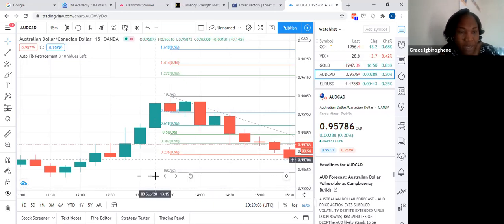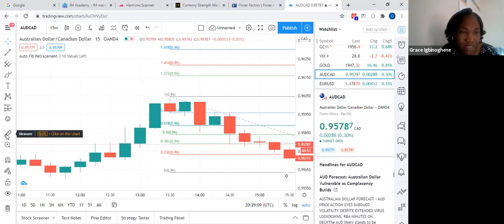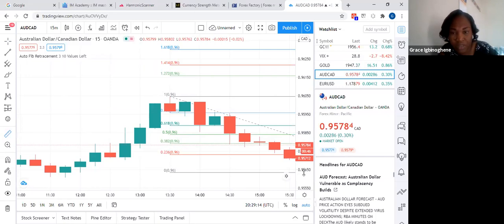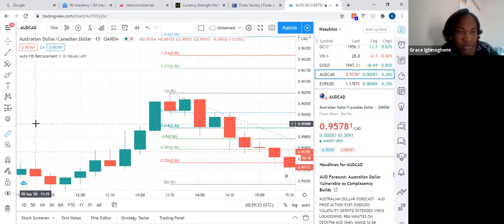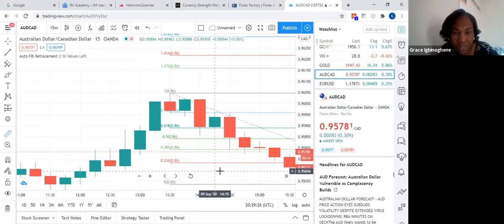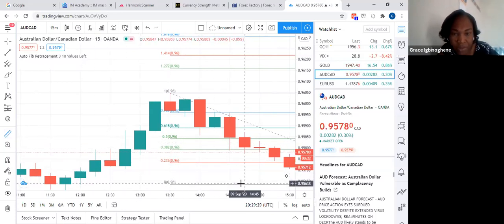How do I measure my pips? I just come here and take this ruler. This ruler here, I click on it. So from my entry point, I'm doing it wrong. Let me try that again. From my entry point to my take profit 1, I want to see how many pips.